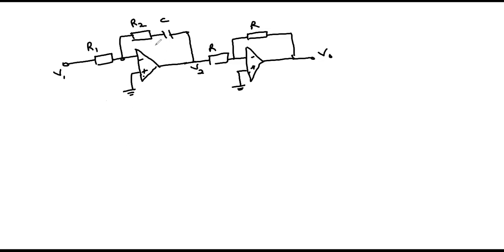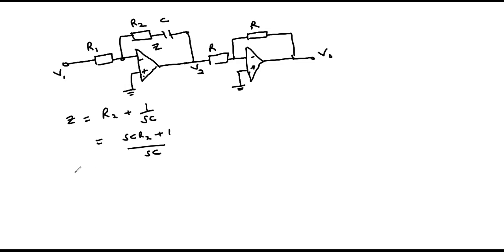In the feedback path, we have an impedance Z, where Z is the sum of the resistor R2 plus the reactance due to the capacitor, 1 over SC, which can be written as (SC R2 plus 1) over SC.